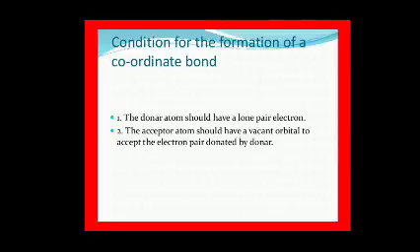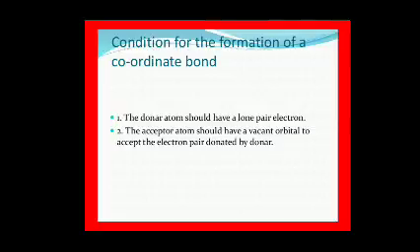The atom which contributes the electron pair for sharing is called the donor atom, and the atom which accepts the electron pair is called the acceptor atom. The donor atom has a lone pair of electrons and the acceptor atom has an empty orbital.